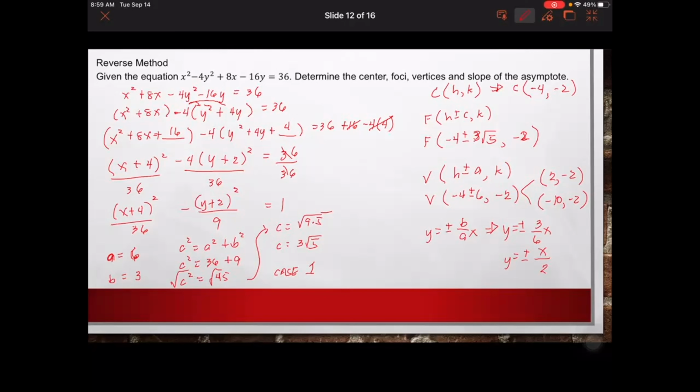Pares lang yun. Okay pa? Kung may sagot kayo ng y equals positive and negative 1 over 2x, pares lang din yan. Kasi minultiply lang natin yung 1 times x. Kaya nagkaroon siya ng x over 2.